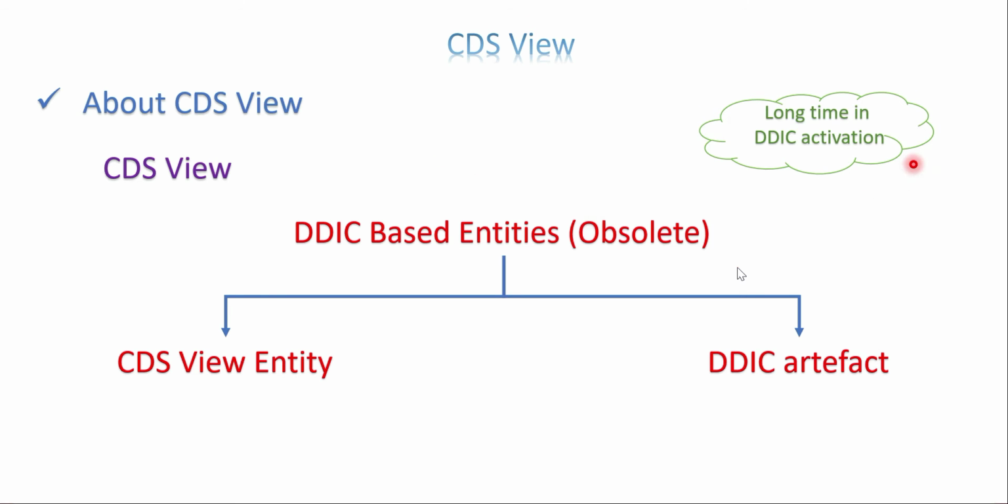One of the reasons is, if your view is very complex or bigger, including most of the tables, fields and everything, the activation takes time because of the creation of the DDIC artifact in your backend. Whenever there is an activation, it may be created or adjusted with your current change. So they felt it takes more time because it needs to create a DDIC in the backend system.